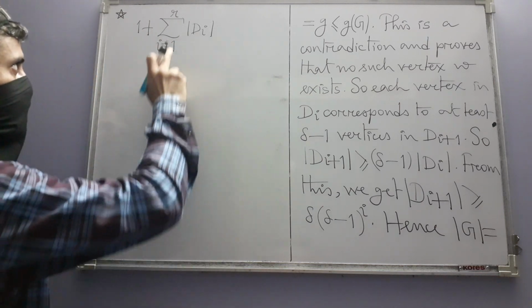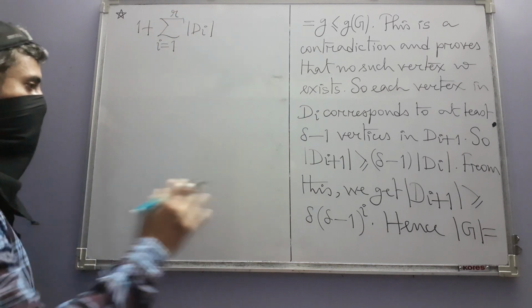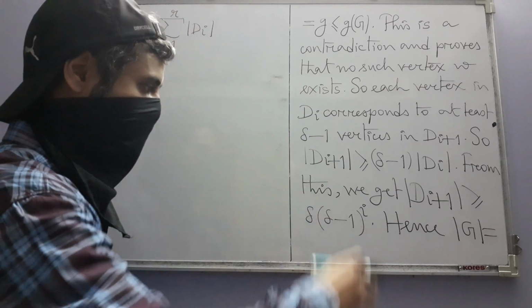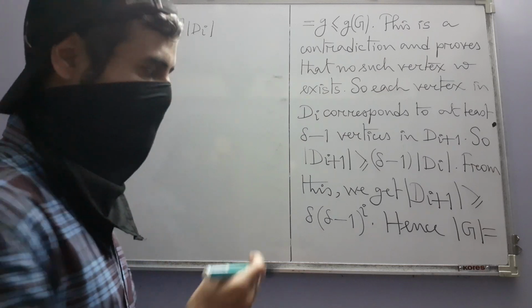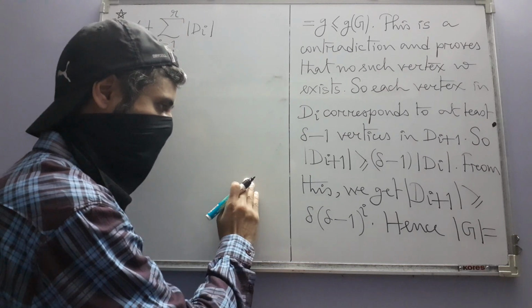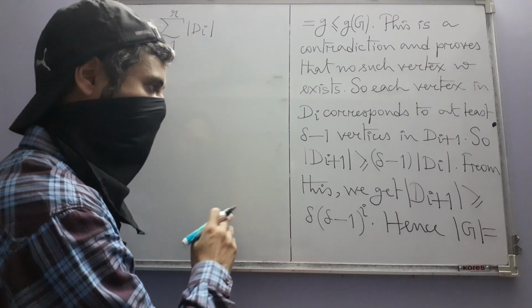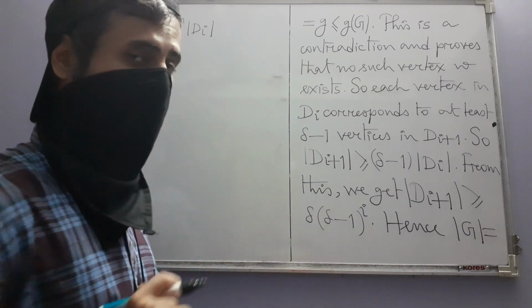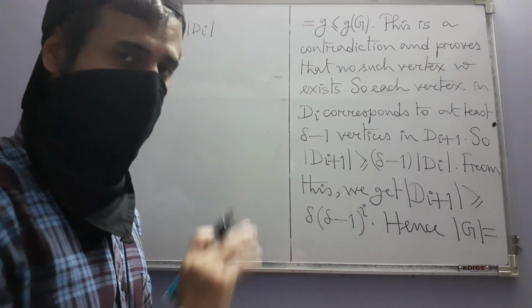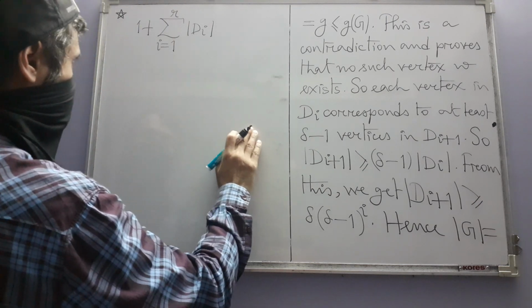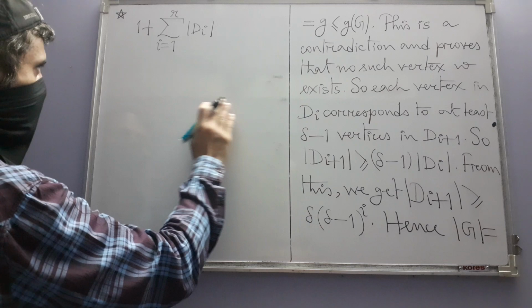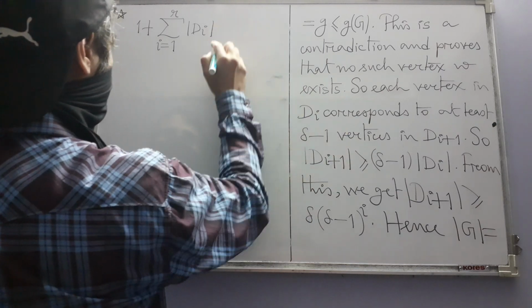And by the way, how are we able to just simply take sum? That's because the D_i's are mutually disjoint. They cannot intersect. A vertex which is at distance i from z cannot be, say, at distance i plus 1 also at the same time, or some other i value. So that's why the union is disjoint, so its size is the sum of the sizes of the sets.